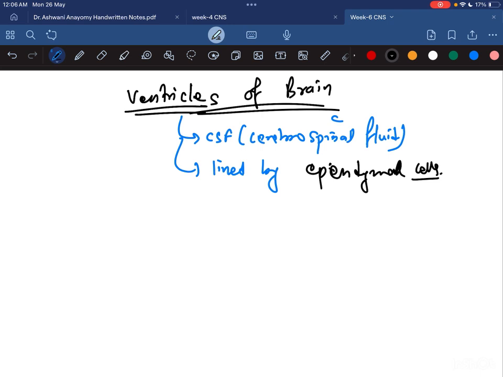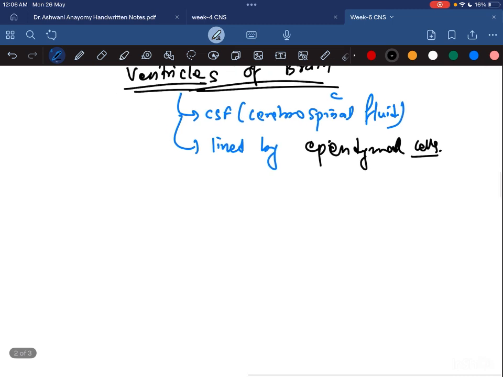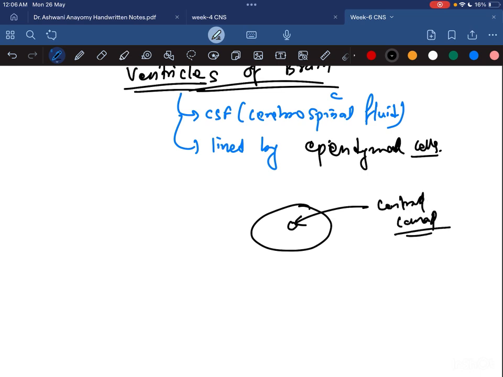These ventricles communicate with each other and with the central canal of the spinal cord. When we look at the spinal cord, in between there is a central canal, and the fluid flows and communicates.